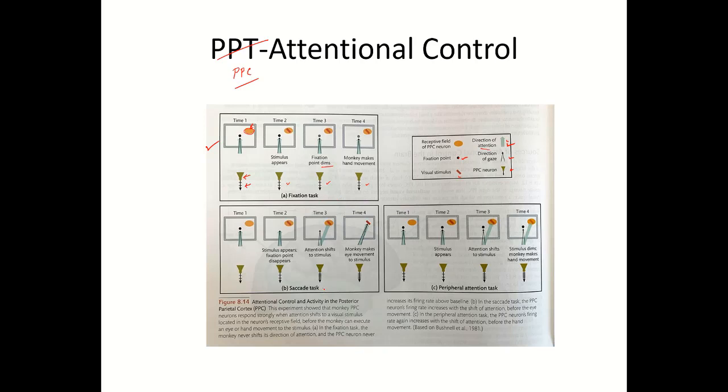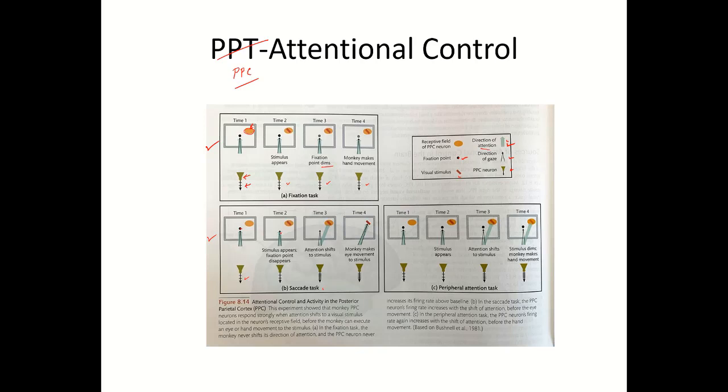Then inside this box, this is a second task. The monkey has to move the eyes. Suddenly, the monkey will move the eyes from the fixation point to the target inside the receptive field. So here, same thing, you see the monkey fixated eyes here in the center, and firing here is spontaneous.